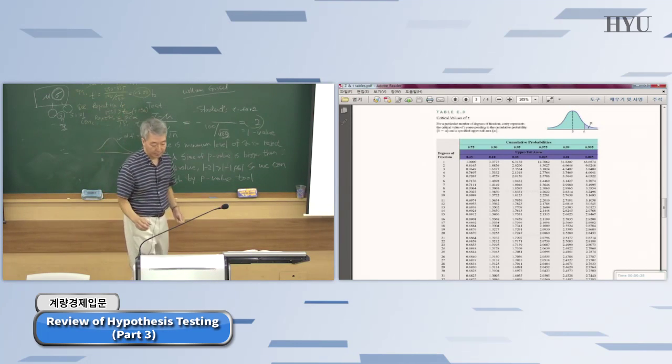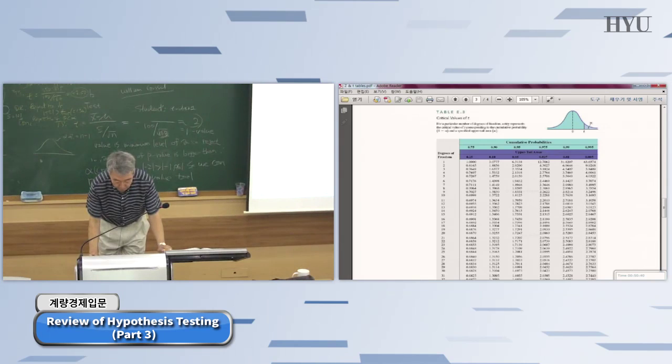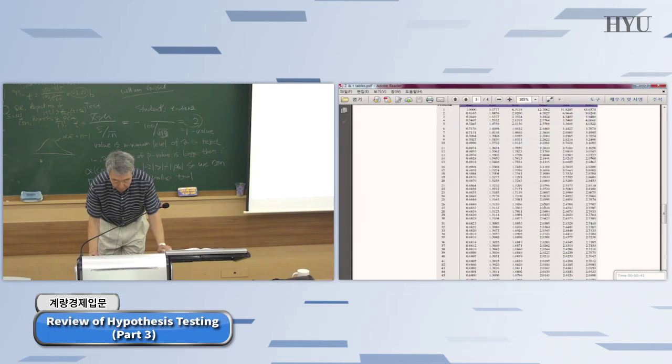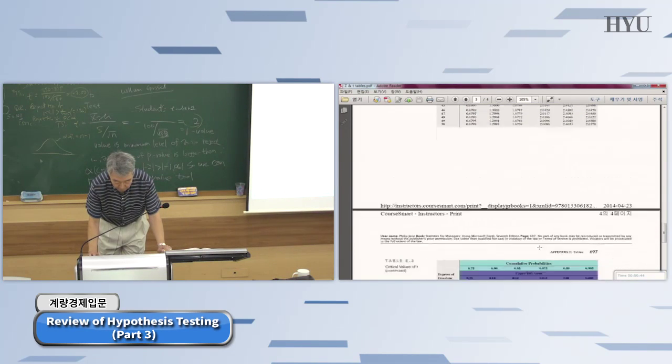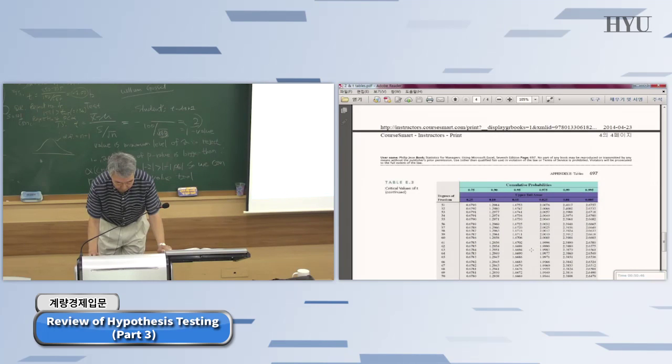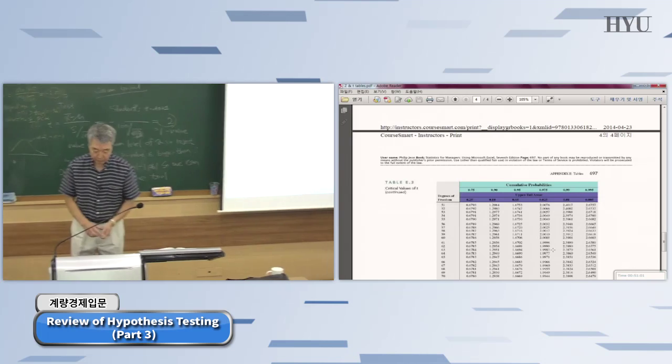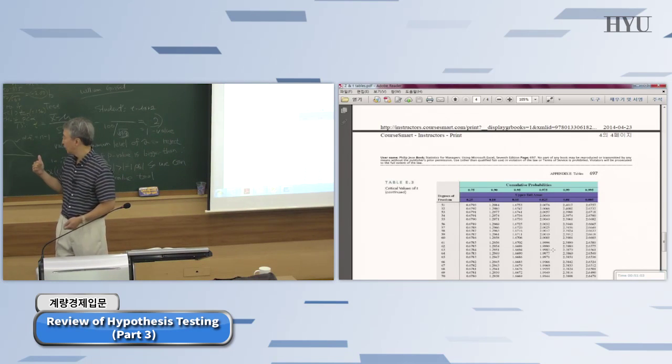Then the 0.025 column is right there, but then you have to come down to degrees of freedom of 63, because n is 64 and n minus 1 is 63, and that is 1.9983. If you remember, when we were using the z-test, the critical value was 1.96.